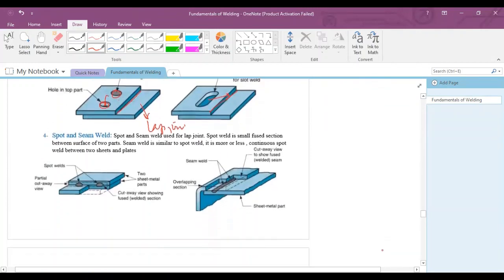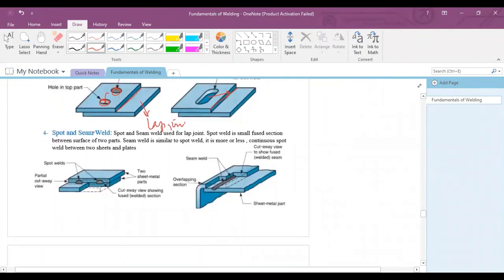The other type is spot and seam weld. Spot and seam are resistance welding types of weld. Spot weld and seam weld are a separate type of welding.